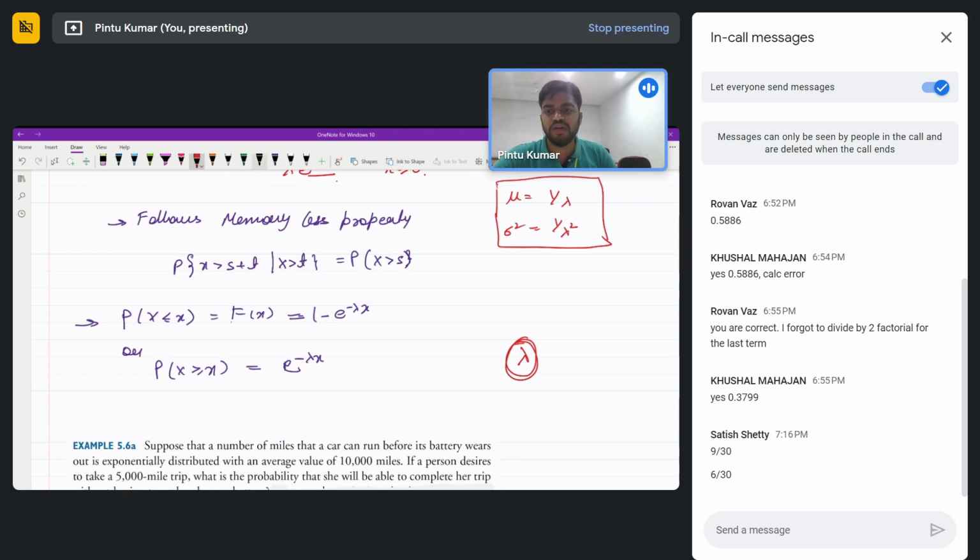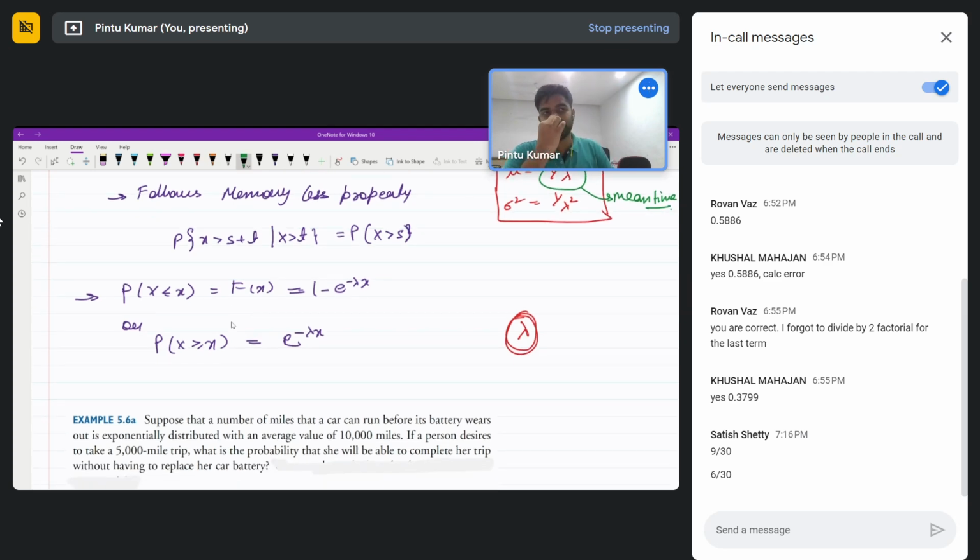If you look over here, lambda is the reciprocal of your mean, right? If you go deeper into the Poisson process, these things will become clearer to you. But for right now, you know that lambda is the reciprocal of your mean.